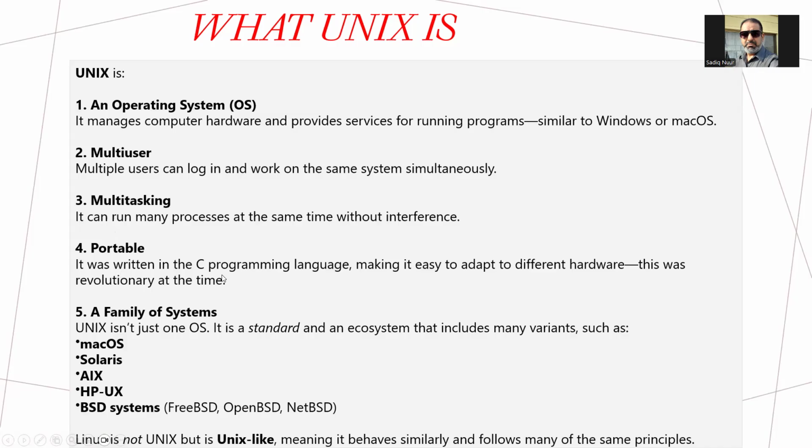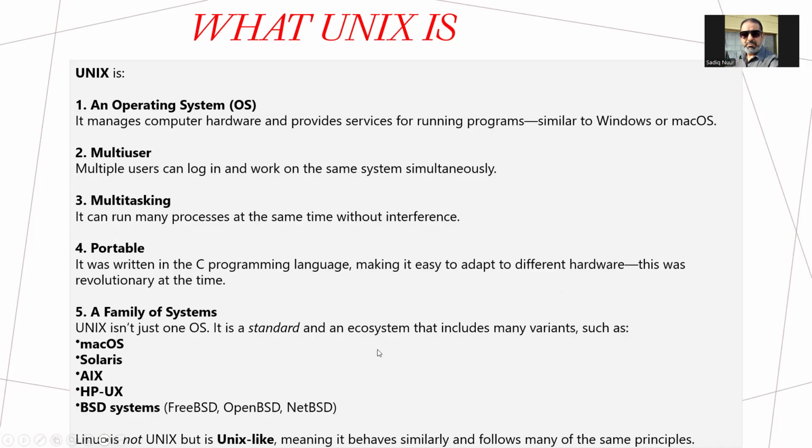Portable: it was written in the C programming language. It makes it easy to adapt to different hardware. This was revolutionary at the time. A family of systems means Unix isn't just one OS.